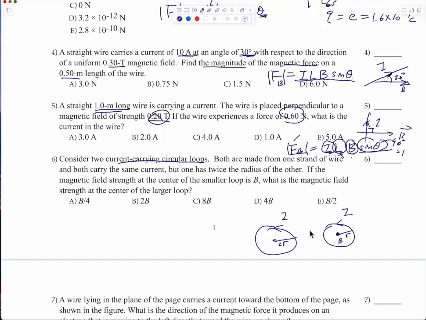This one just asks about the magnetic field due to a circular current loop.